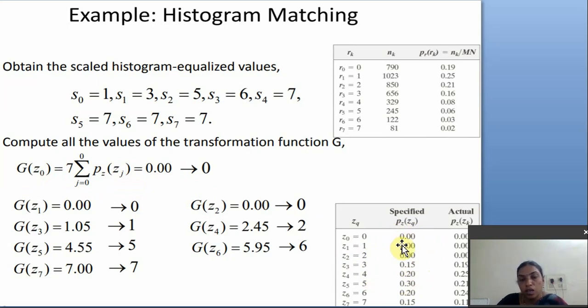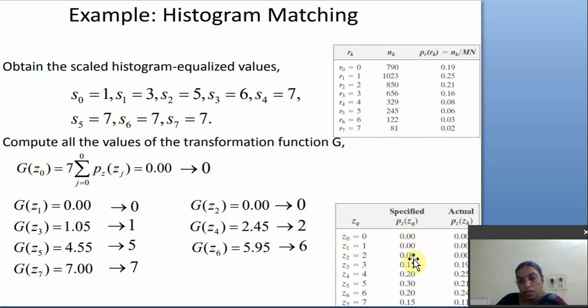G of z0: take this value and multiply it by 7, 0 into 7 gives 0. Then take the summation of these two and multiply by 7 to get G of z1: 0 plus 0 into 7 is 0.